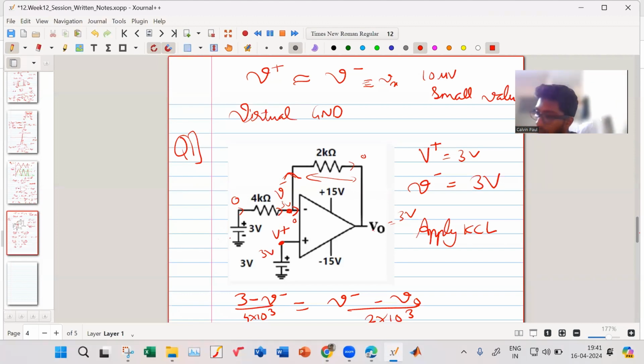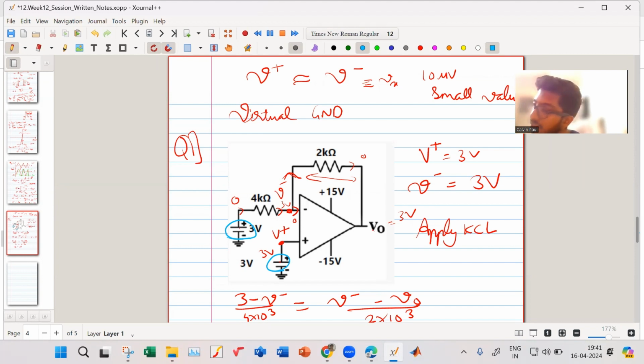Any queries in this? But that 3 volt is due to that V plus 4. That is due to this and due to this, both. Due to both of these power supplies. Both combined are resulting in such a condition.